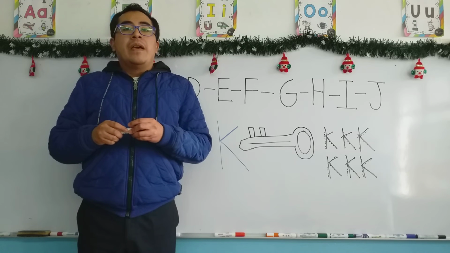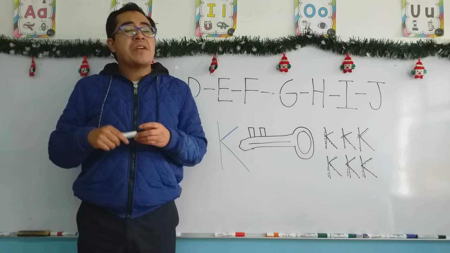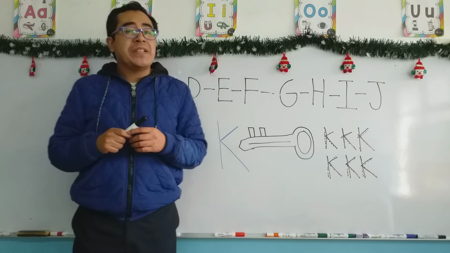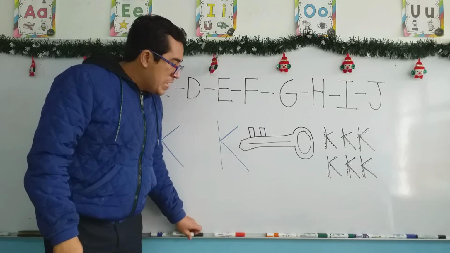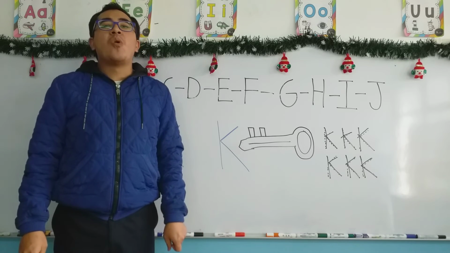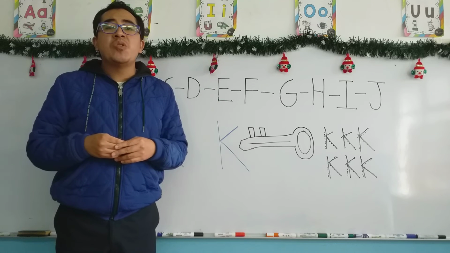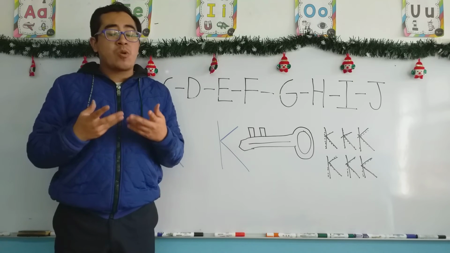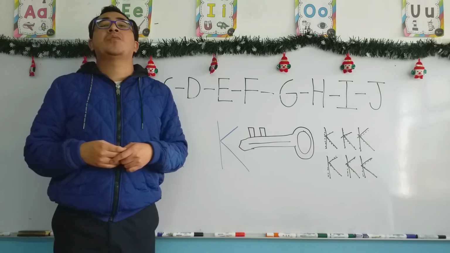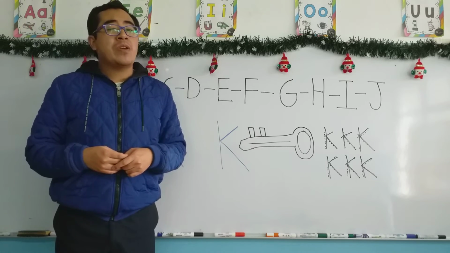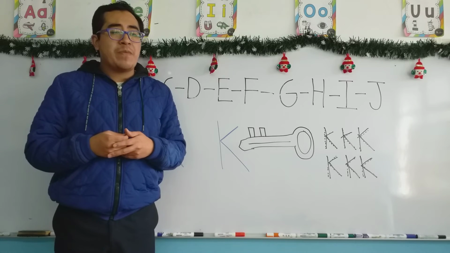Now, after finishing tracing all of the examples of the letter K, we continue with the painting of the object key. For key, we can use color yellow. That's just an example. If you want to use another color, there is no problem. Para la llave nosotros podemos utilizar color amarillo. Si ustedes quieren ocupar otro color, no hay ningún problema.